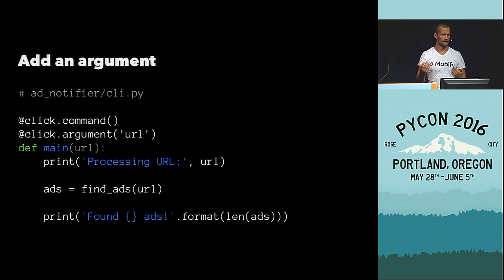Click will do some validation. In this case, it'll just make sure that it's there and that it is a string. And then it passes it in as the first argument into that function that this decorator wraps. And then we can do all of our scraping and all that kind of stuff, provide some output, whatever we want to do.